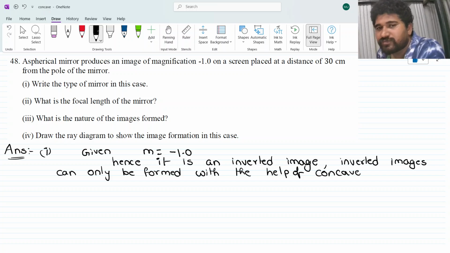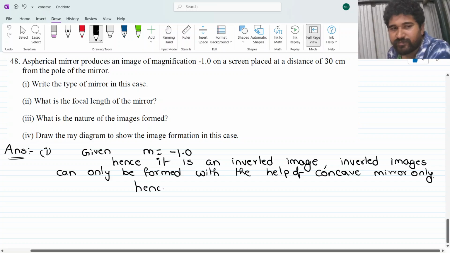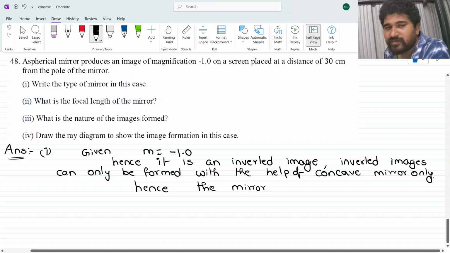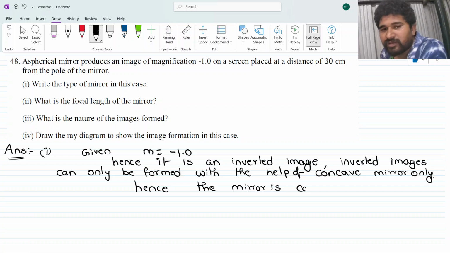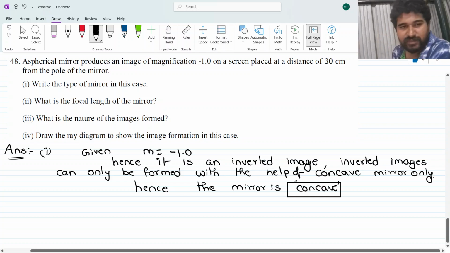Concave mirror only. Hence, the mirror is concave. Is that clear? Yes. Next point.